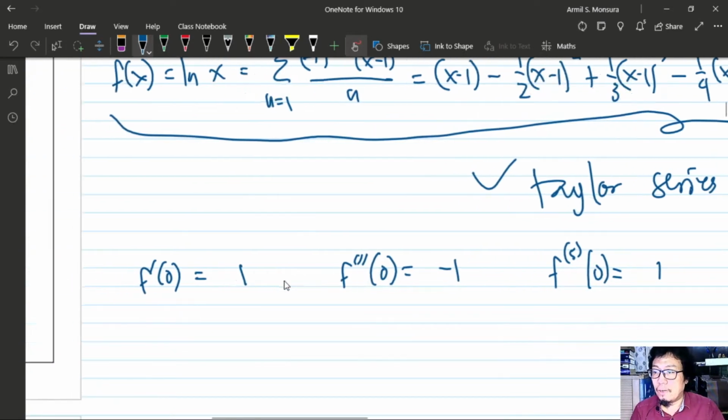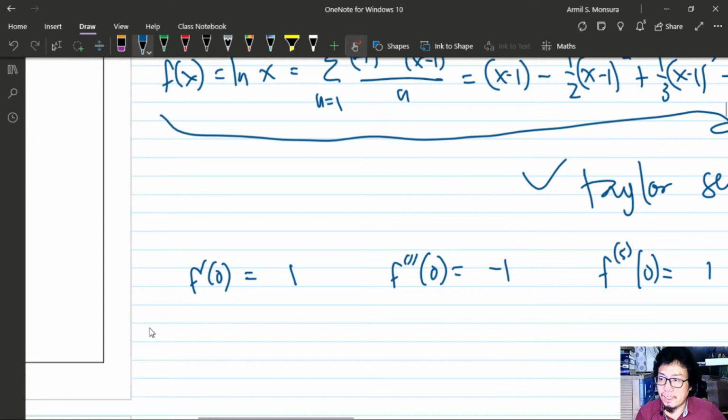Now, let's obtain the Taylor coefficients, in this case the Maclaurin coefficients. Since this is the first derivative, the Maclaurin coefficient for this is A1. So A1 equals f prime of 0 divided by 1 factorial, which is 1 over 1, so A1 is 1.